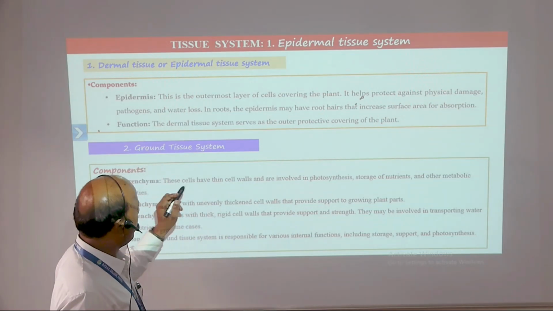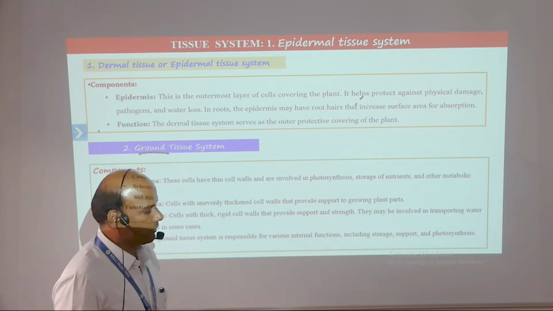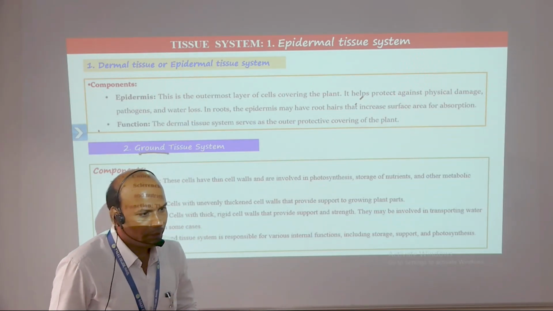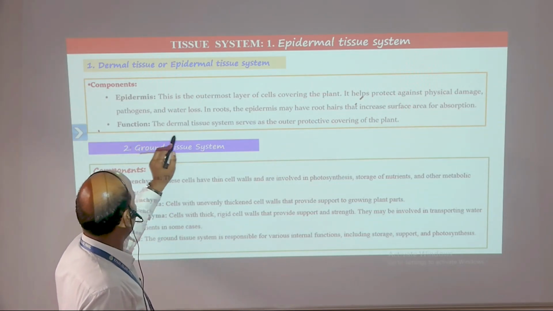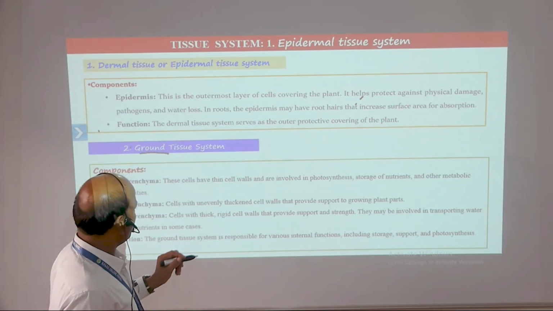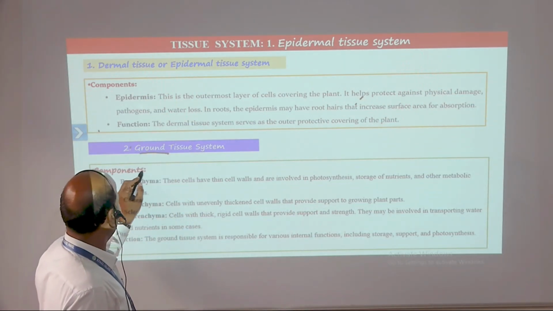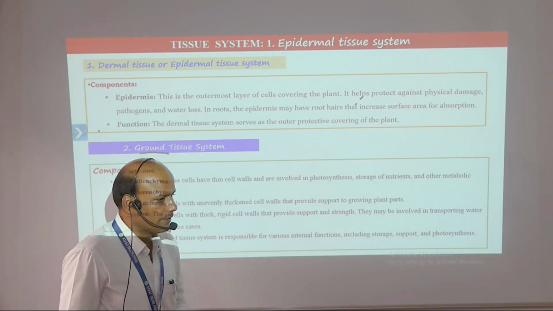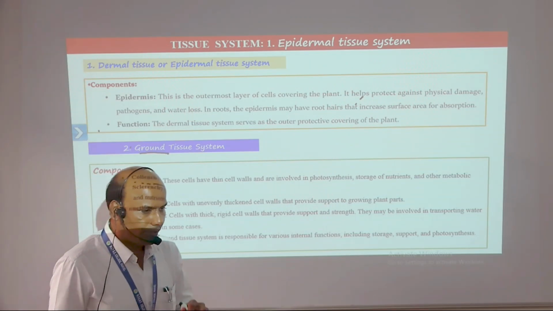The second type of tissue, the ground tissue, is also known as fundamental tissue. It is present below the epidermis, in the cortex region. The ground tissue is made up of three types of simple tissue: parenchyma, collenchyma, and sclerenchyma.